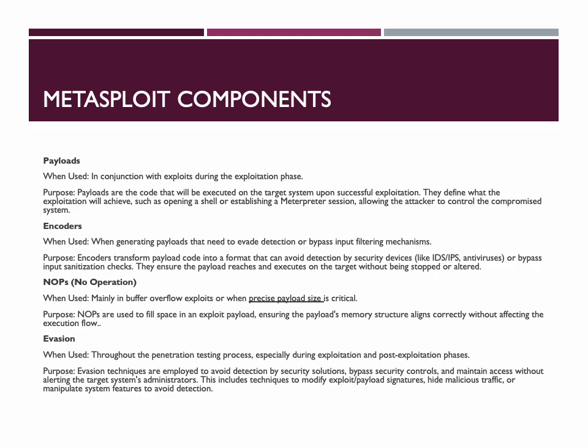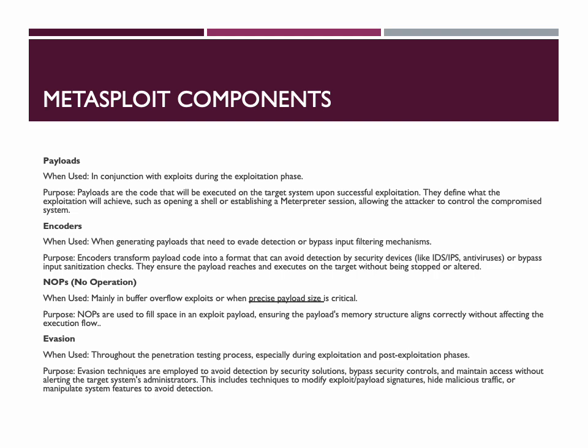So input sanitization cleans up, makes sure that you're parameterizing the inputs and the variables so that you can't run code directly. So they'll sanitize the inputs, but they try to bypass that. Then ensure that the payload reaches and executes on the target without being stopped or altered.